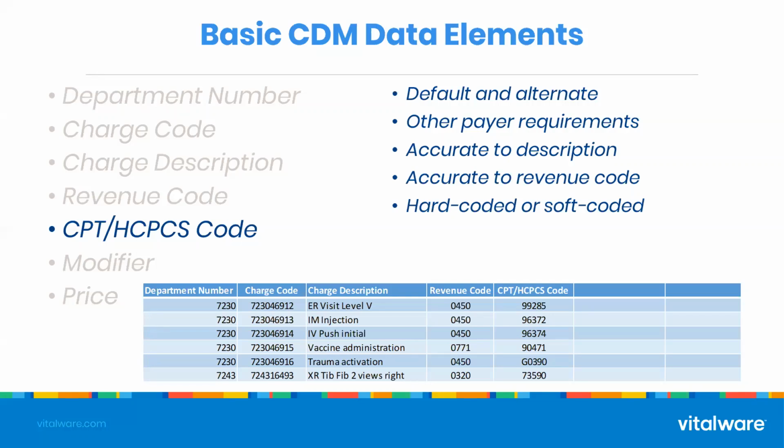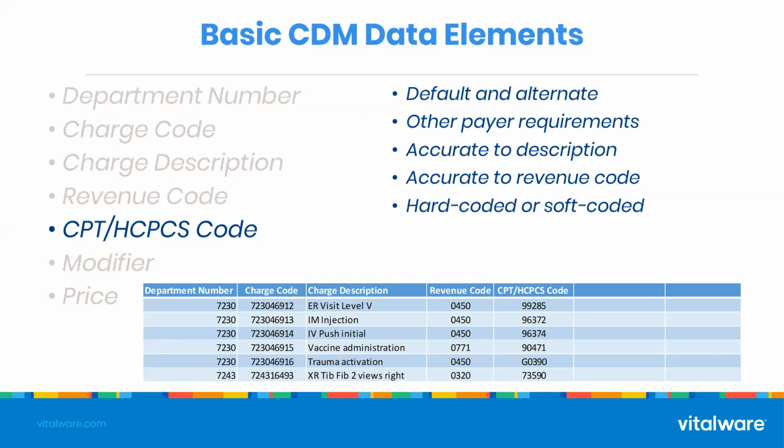That's where you get into, obviously, compliance risk if those two don't match and you're thinking you're billing for one thing and send a CPT code out on the claim that represents something else. Same thing with revenue code. Some payers may pay based on the revenue code, so it's also super important that the correct revenue code is assigned and that it is able to be used in combination with the particular CPT code.